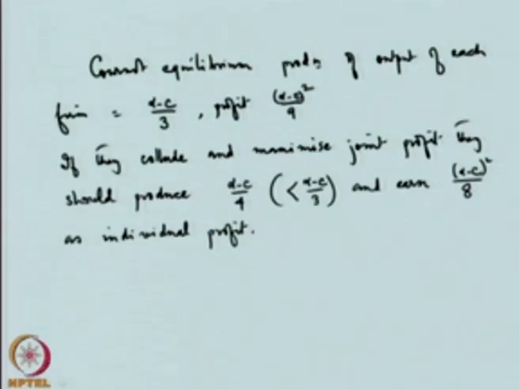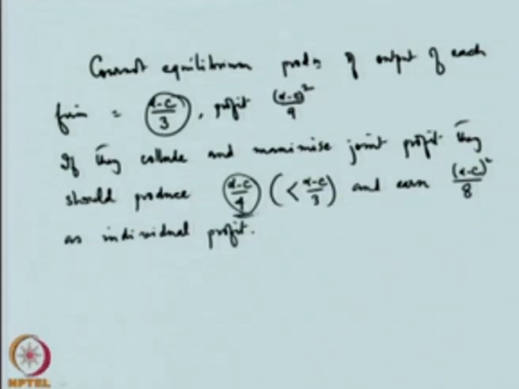So, it turns out that when they are not colluding and acting as individual players, then they are producing more, (alpha minus C) divided by 3, compared to the case when they collude, because when they collude and maximize the total profit, they produce (alpha minus C) divided by 4, which is less.